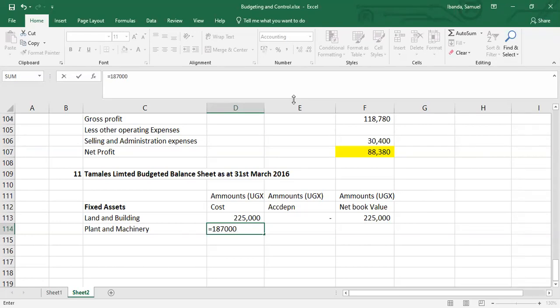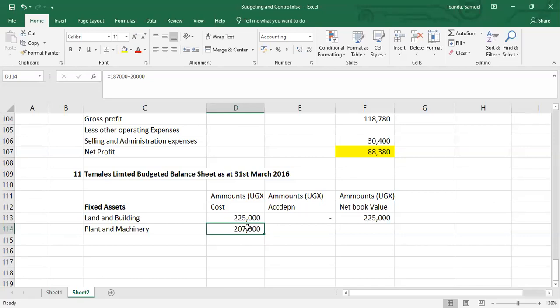So they are basically going to install a new machine worth 20,000. So I'm going to add 20,000 here when it comes to cost.